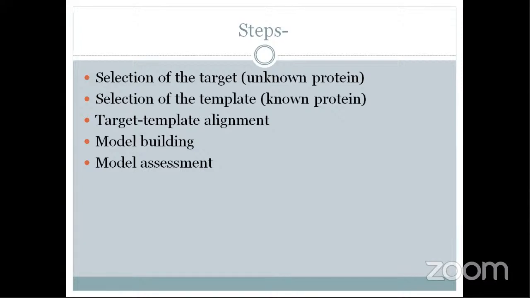Next there is target template modeling. Next we have model building, and finally we have something called model assessment. So once you are building the computational model, you need to validate the particular model. That is called model assessment.